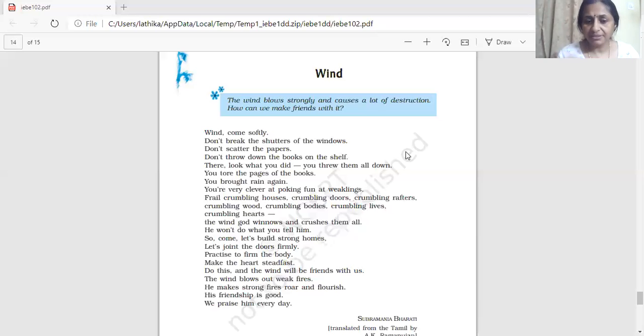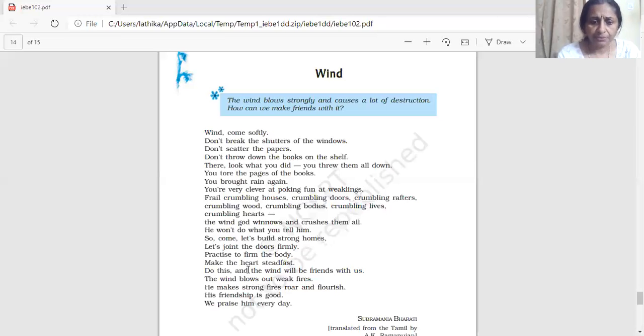Everything is based on corruption. So he is requesting the people to make stronger homes and houses so that they can withstand the wind.